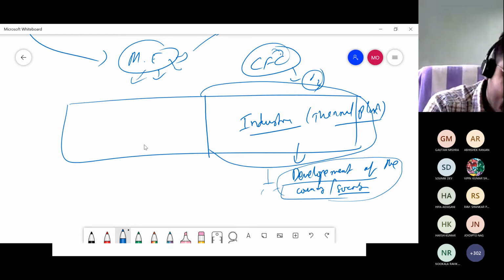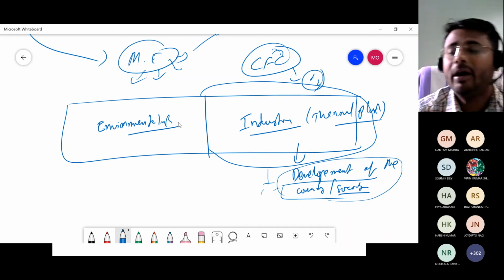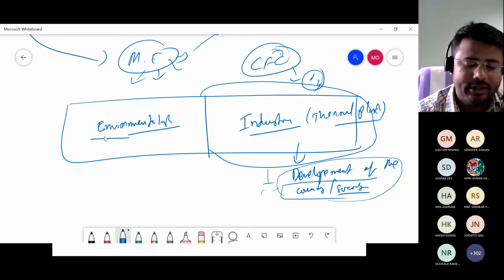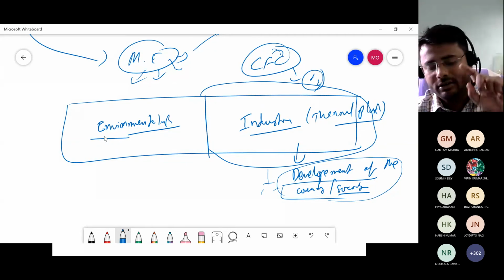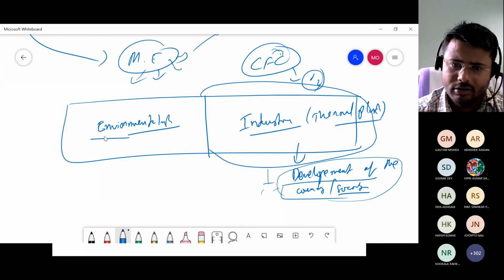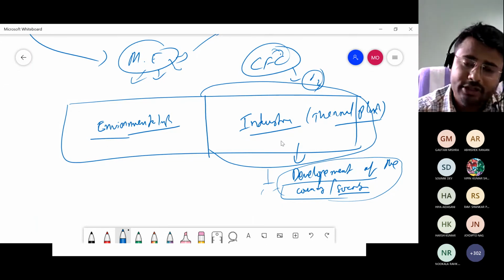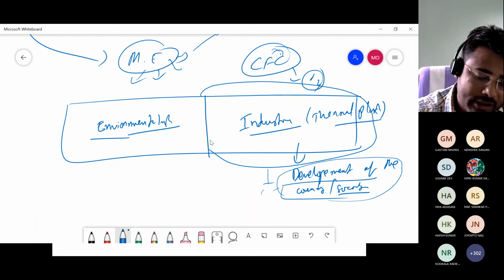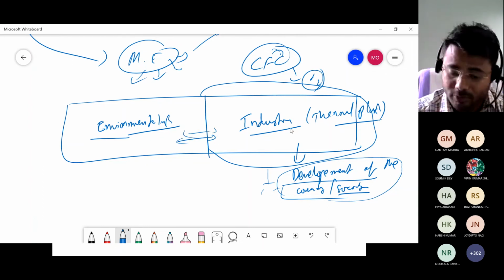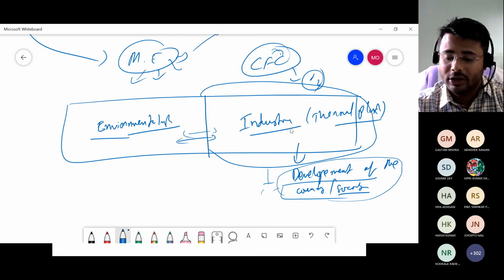Okay. And the other group is the environmentalists. Their concept is directly against the industry just because industries are polluting the air. Environmentalists will not directly allow an industry to produce electricity.